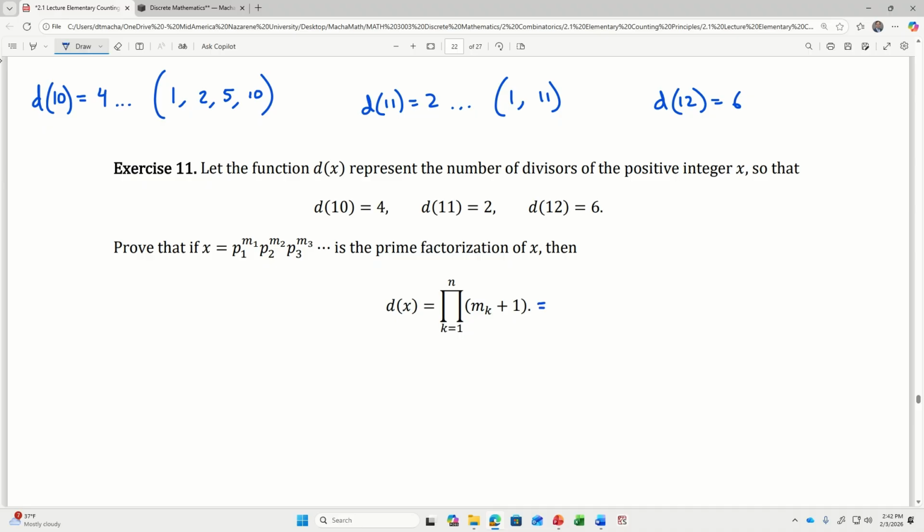So this would look like the product m1 plus 1 times m2 plus 1 times dot dot dot, right? However many of those factors exist, because we've got n different prime factors.